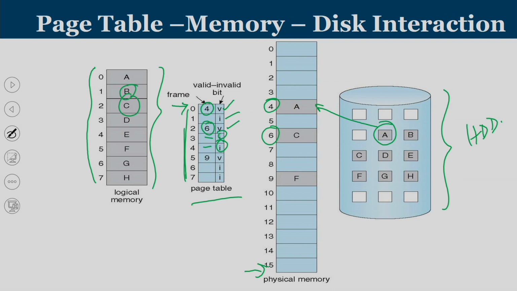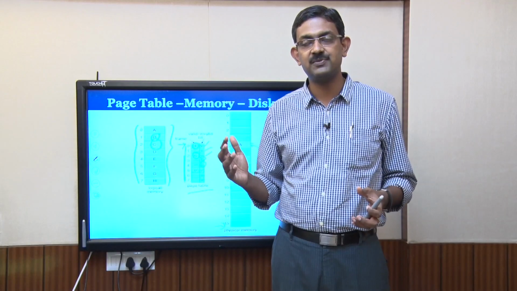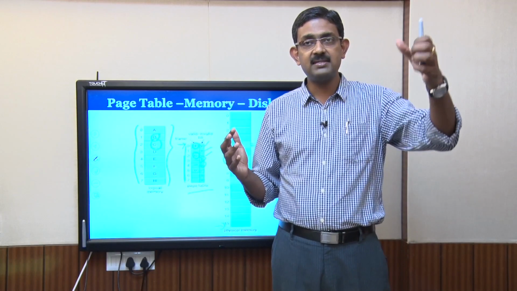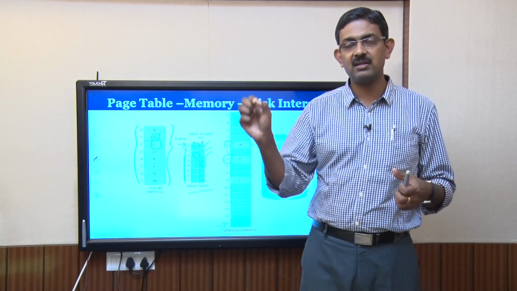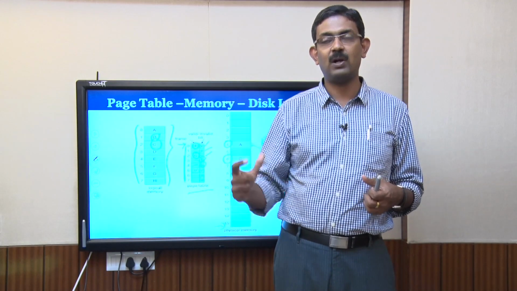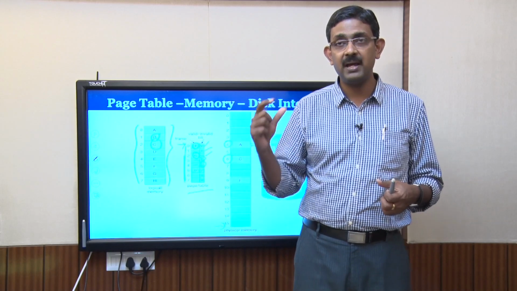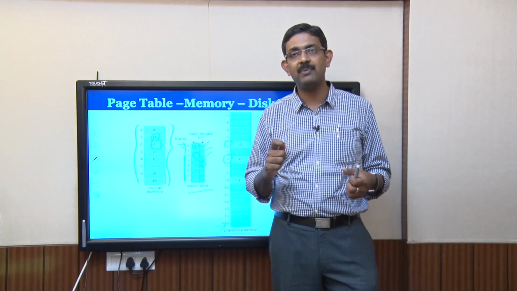Whenever you have a logical address, it has to be converted to a physical address with the help of a page table. The page table is indexed by the logical page number, and whenever the valid bit for a page number is 1, that means the page has a mapping to main memory.